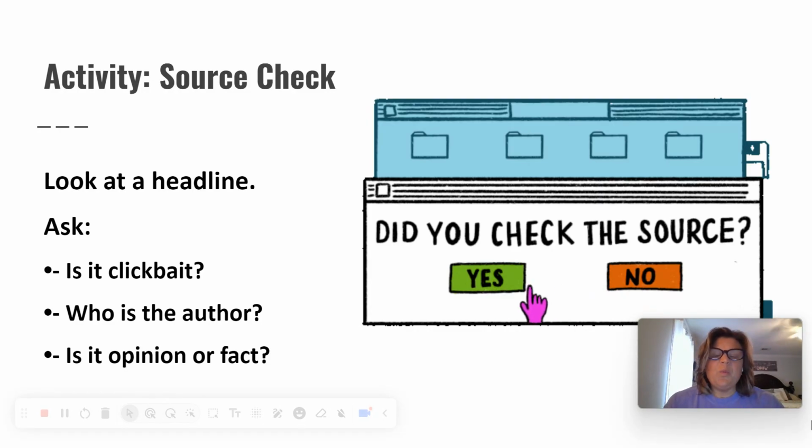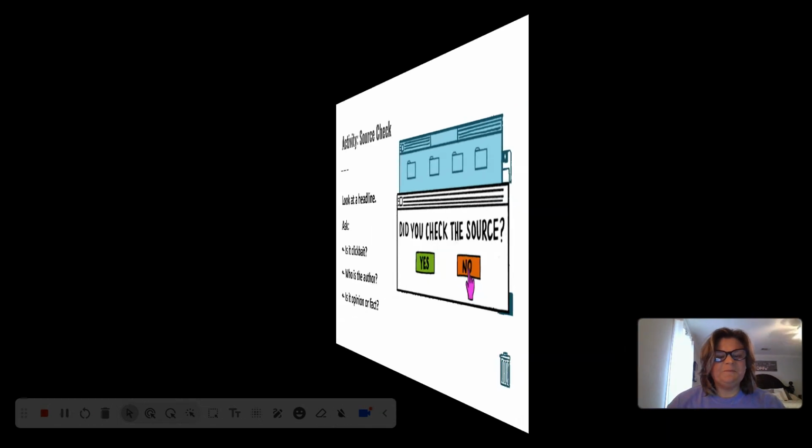Once I found that headline, I would share that link with them, and then I would have them go through these steps, and then I would have them share out. So we might have a group discussion or they may share out with a partner. It's good to get them thinking about what you're discussing.